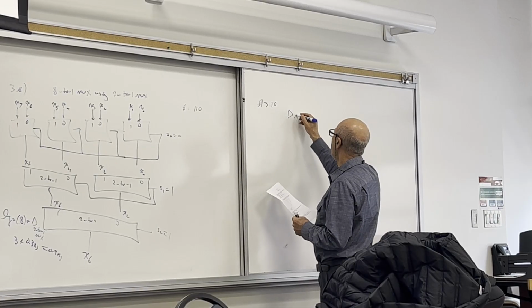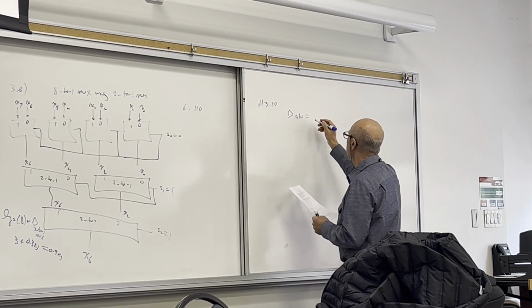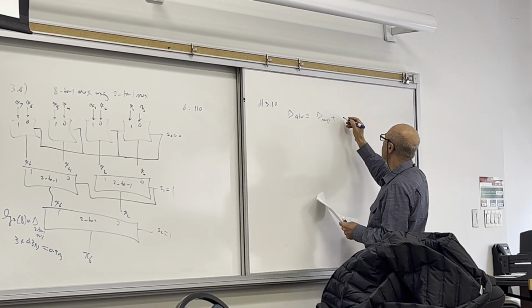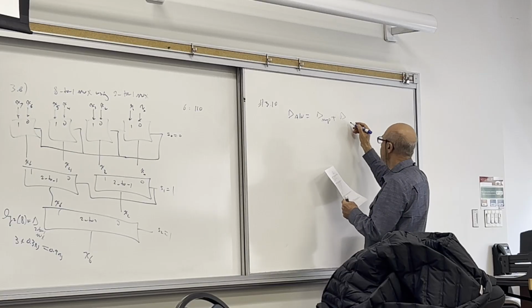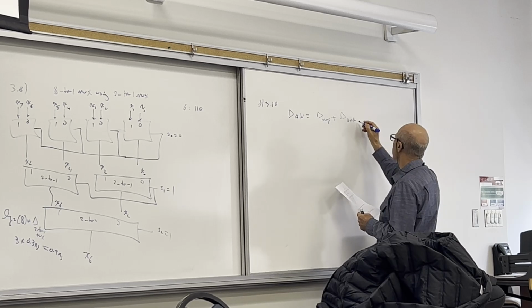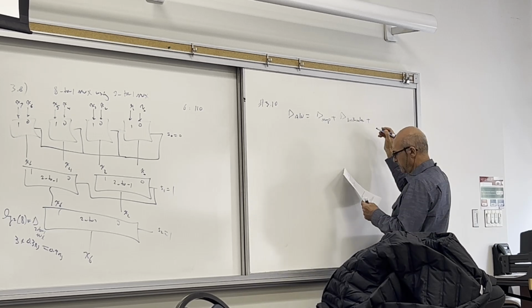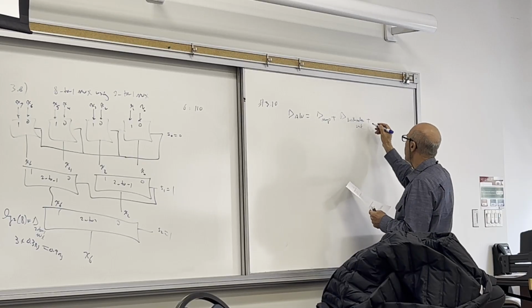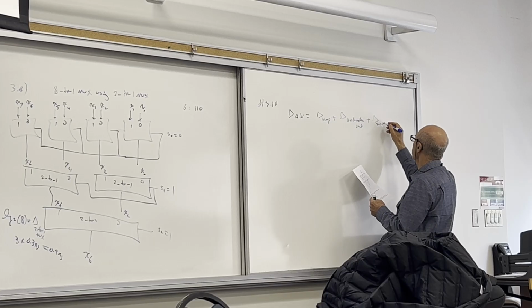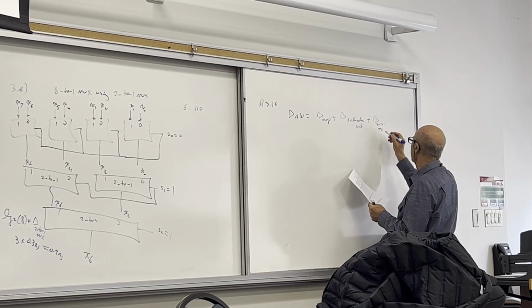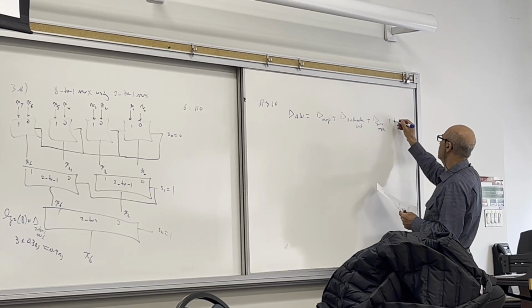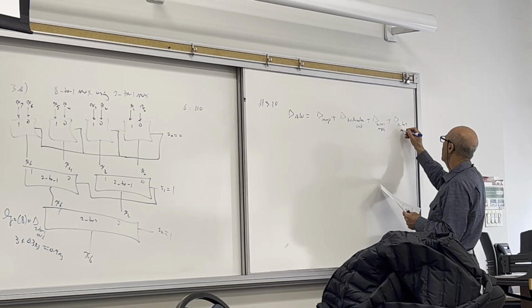So the delta of mu is delta of map plus delta of arithmetic unit plus delta of 2-to-1 mux plus delta of 4-to-1 mux.